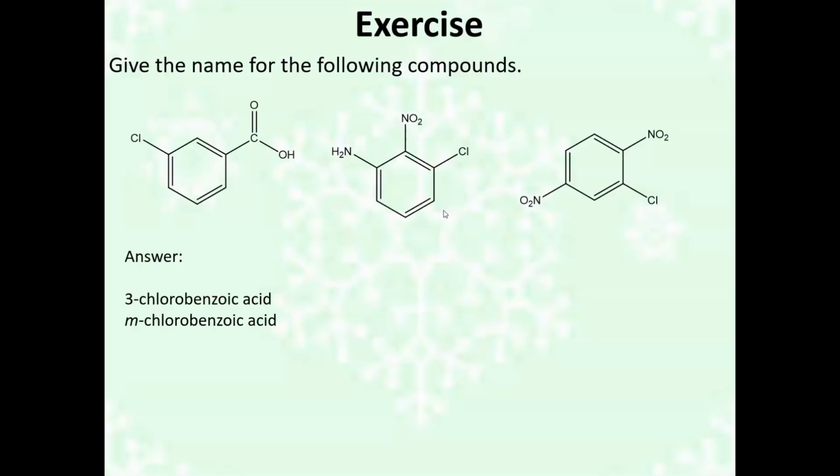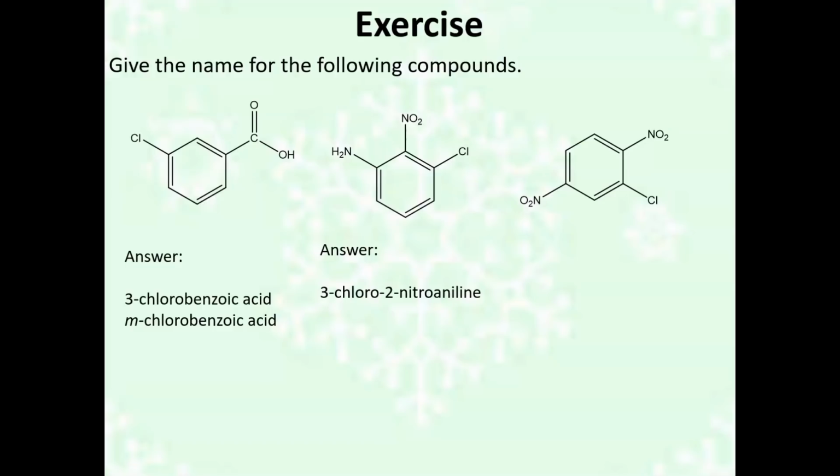So the answer is 3-chloro-2-nitroaniline, not 2-nitro-3-chloroaniline, because we must follow alphabetical order when we write the name. We need to write the letter C first, then N.